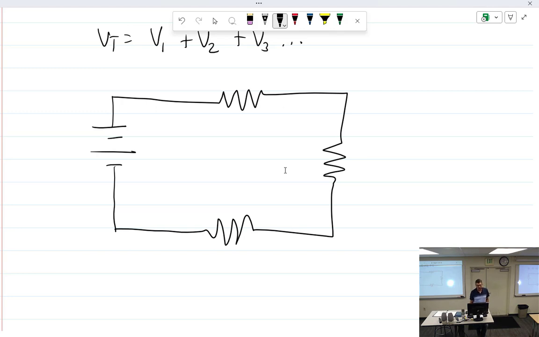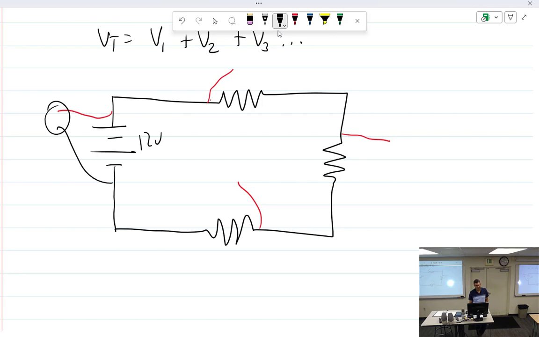So if we put a voltmeter this way, I've got to use the right colors here: red on this side, red here, red here, and black here. Let's say this is 12 volts. How many volts will this say?